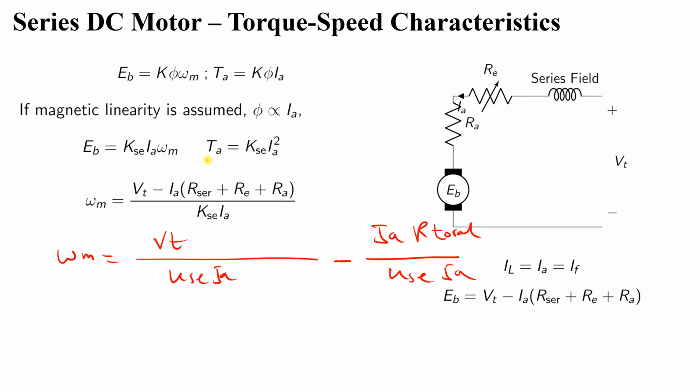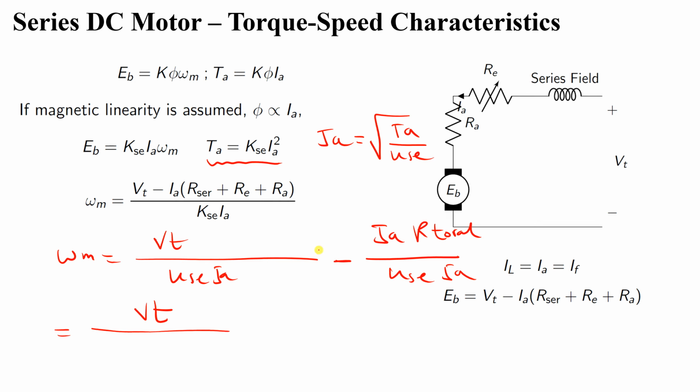Now we know from this equation that IA will be the square root of torque over K series, right? So what I'm going to do is substitute this here.